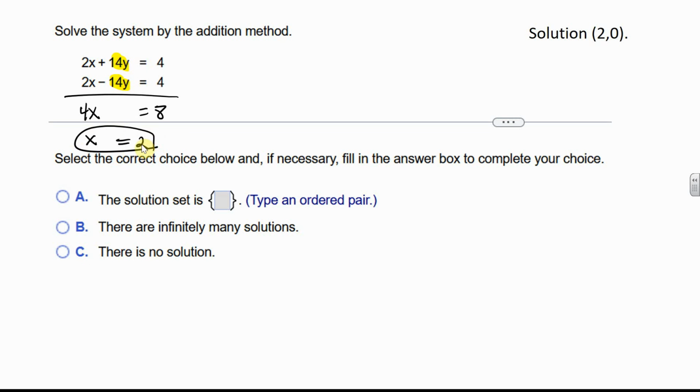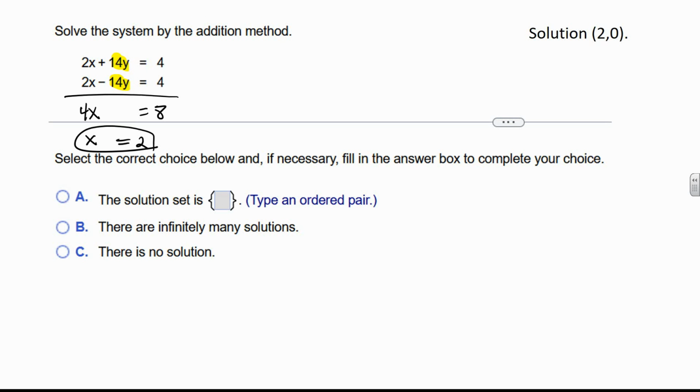Now take x equal to 2 and plug that into any one of these equations to solve for y.